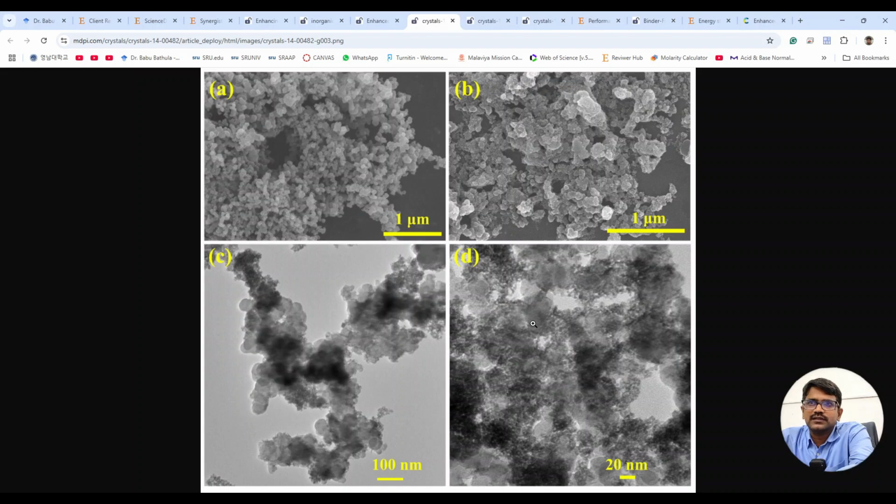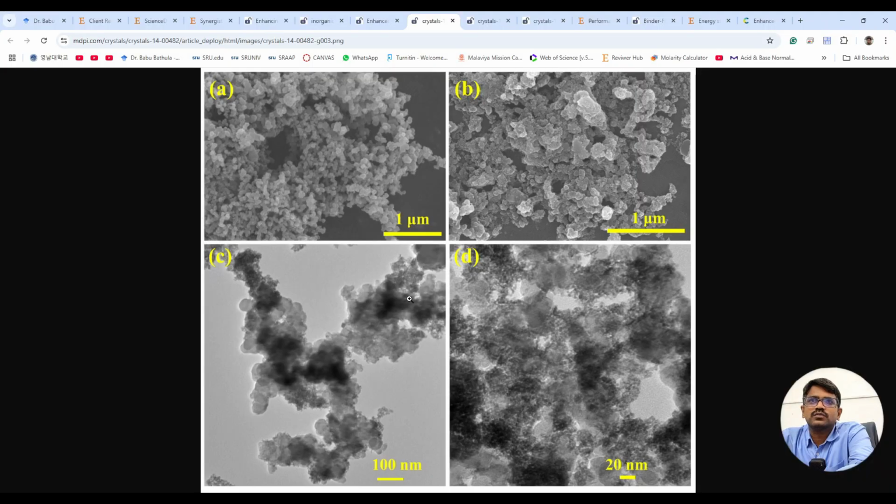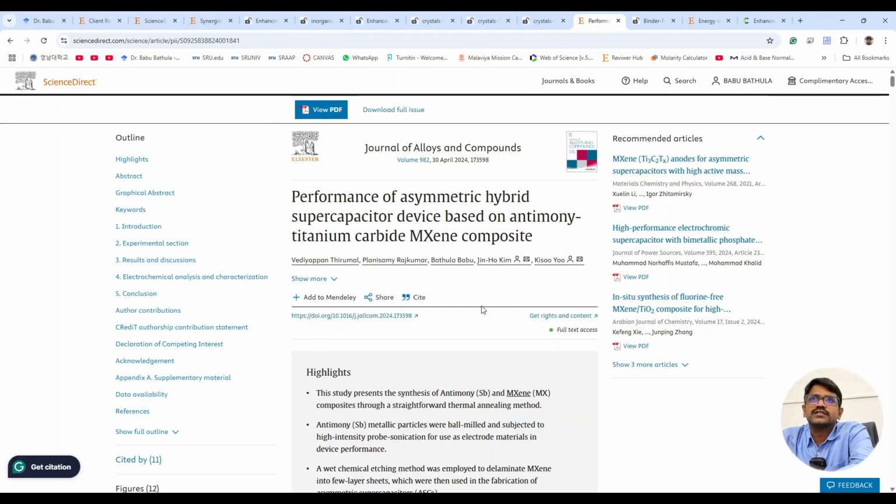Here you can see the carbon particles, and these black dots are quantum dots. So these are all carbon nanoparticles, and these are all SnO2 quantum dots.